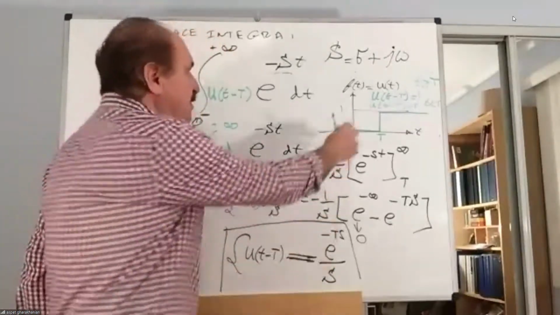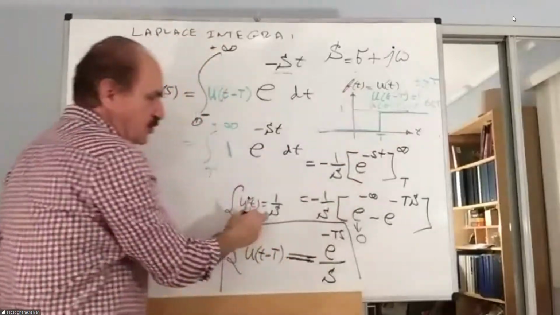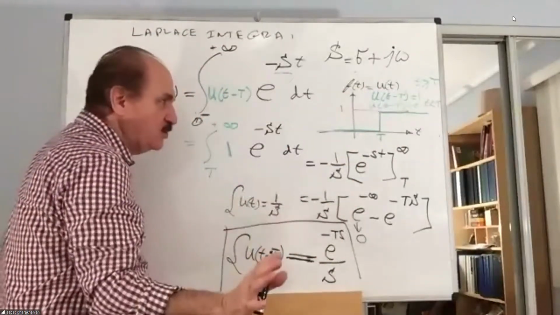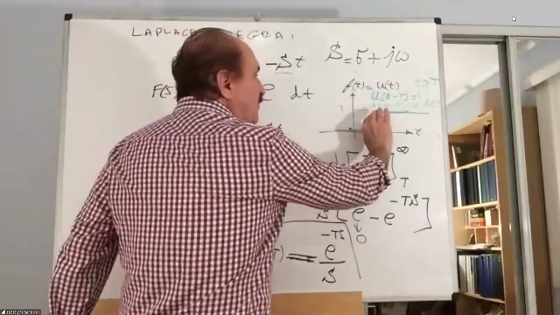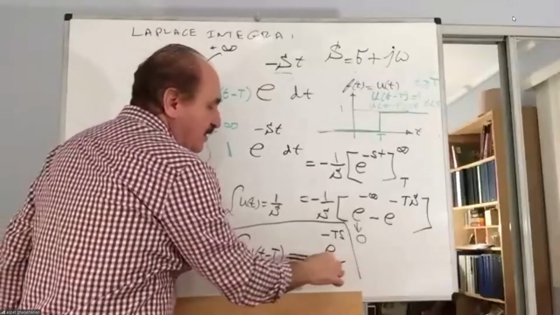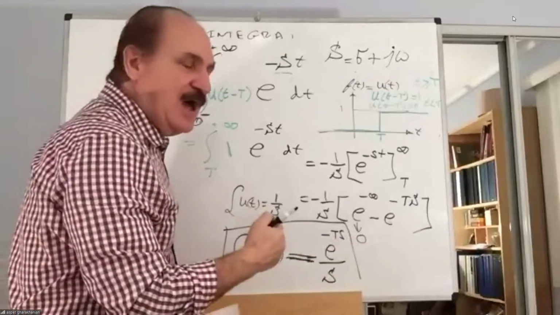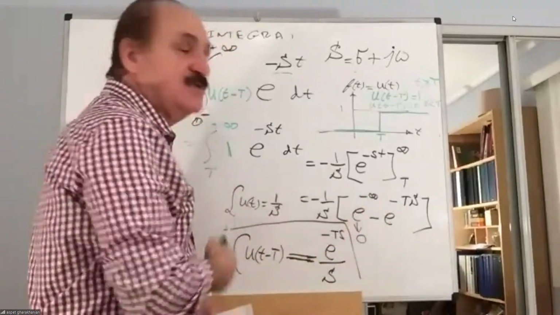Consider the function at the origin, f of t, get its Laplace transform, which was 1 over s. And when you see a function of time that is shifted, you will simply multiply the function by e to the power minus Ts to account for the shifting in the time domain.